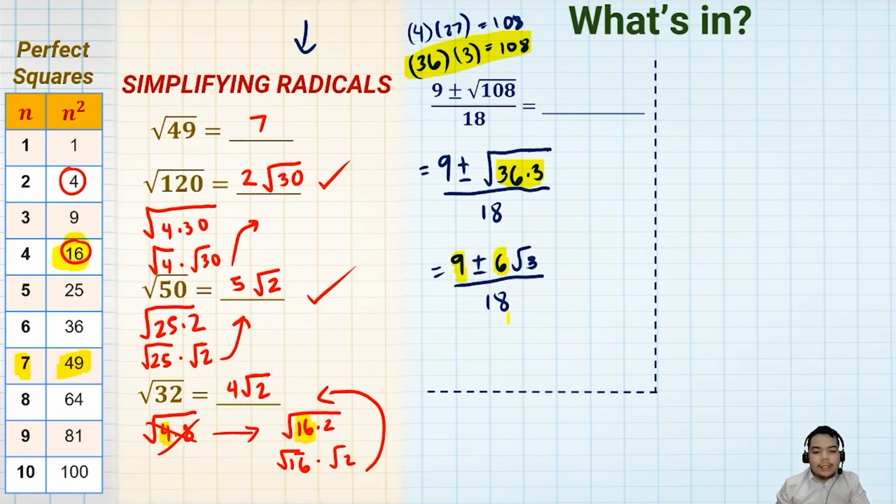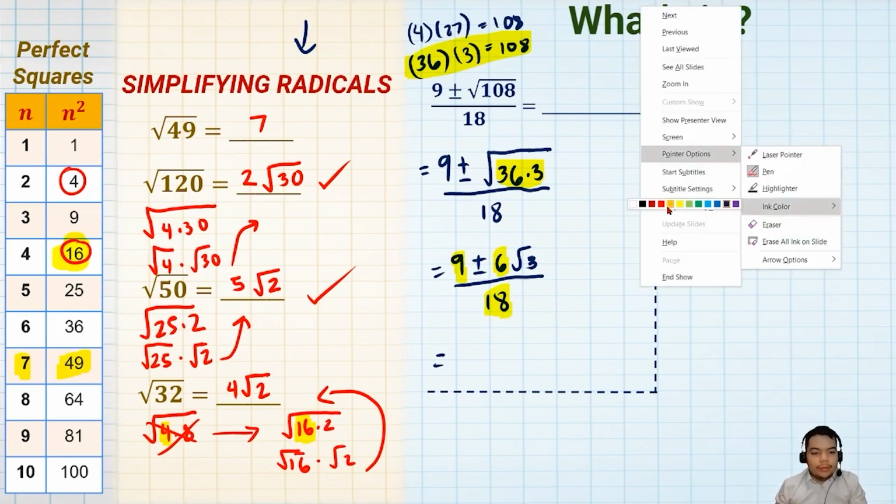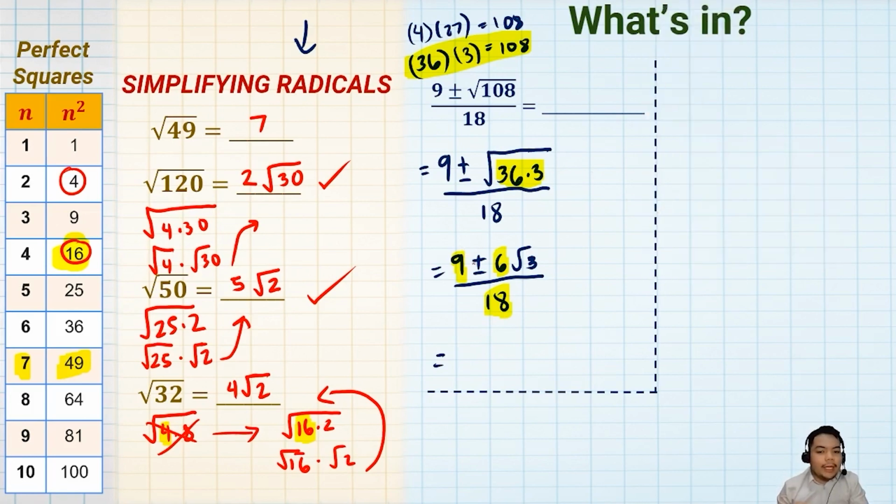So as you notice, 9 and 6 and 18 can still be simplified from this form. But we cannot divide them directly because the one at the top, this one, is a binomial. This one is only a monomial. So what we do is we try to factor out a common number. So we factor out a number from 9 and 6. So I think we can divide 3 from 9 and 6.